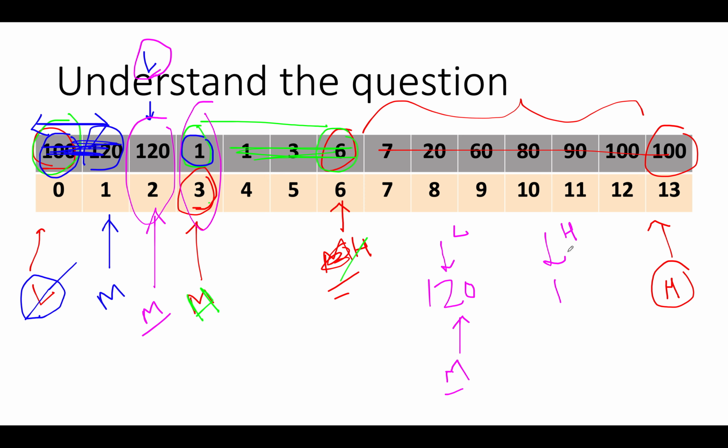So where will the minimum element lie? The minimum element will lie to the right of the middle element. In such cases we update the low pointer to mid plus 1. So low moves from 120 to mid plus 1, and now low and high point to the same index. We abort the process.